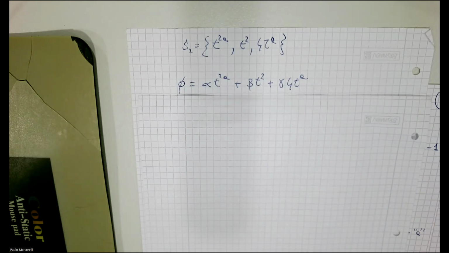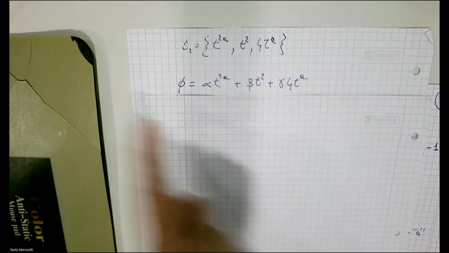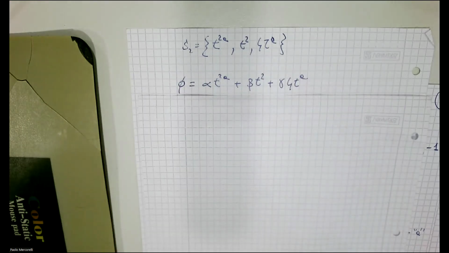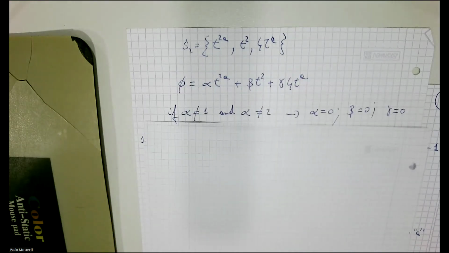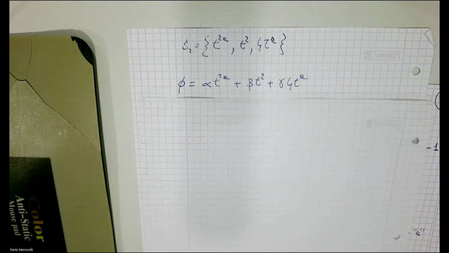Question is, discuss if this set represents a set of functions which are dependent or independent, also with respect to A. No? We have a parameter, A. I didn't put it here, but A is also a real parameter. This way to write means apply the definition. Look, do you want to do alone a little bit?